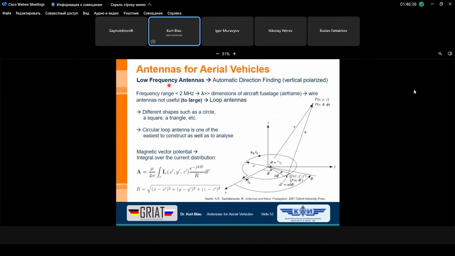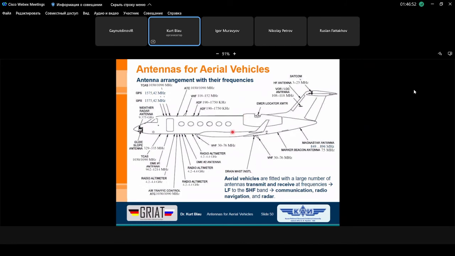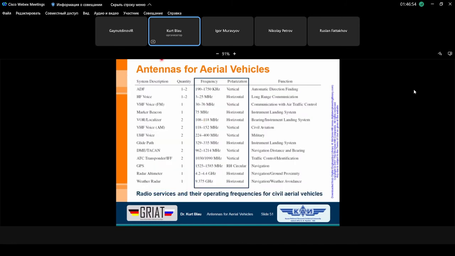Okay, this is a new chapter, but it's connected with all we have discussed until now. And I switch back to this radio service here, automatic direction finding.